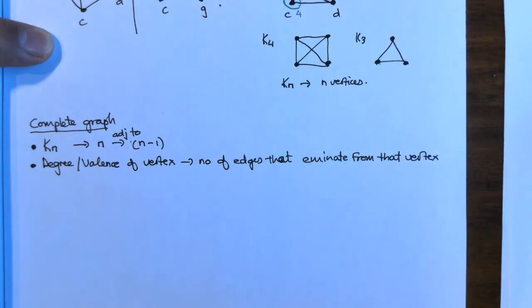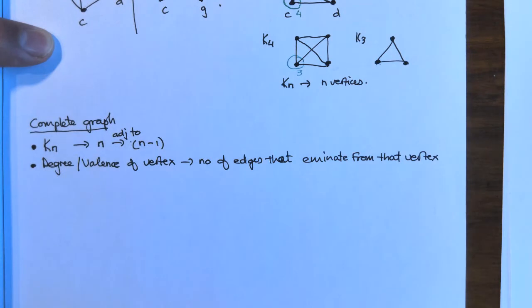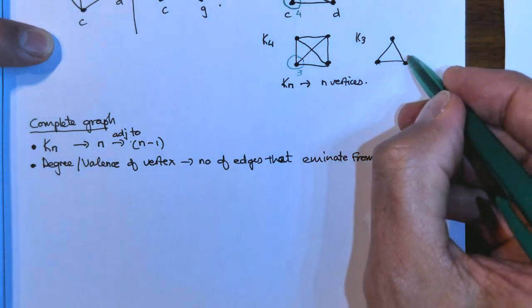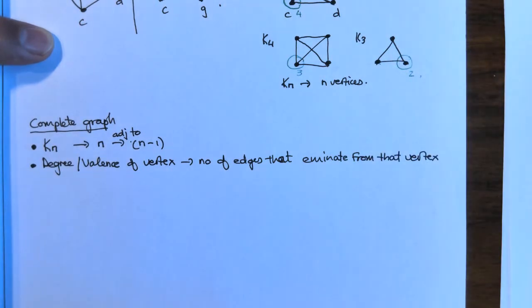Here the degree of that vertex is 3. The degree of this vertex is 2 because there's 2 edges that emanate from that.